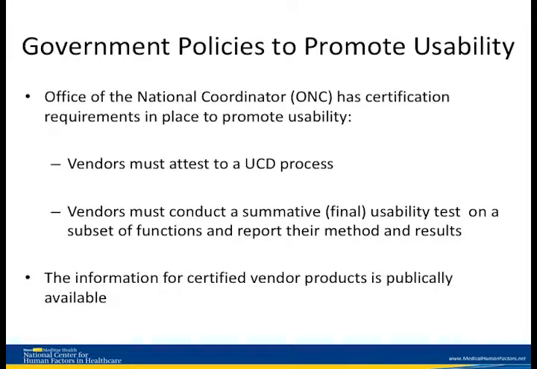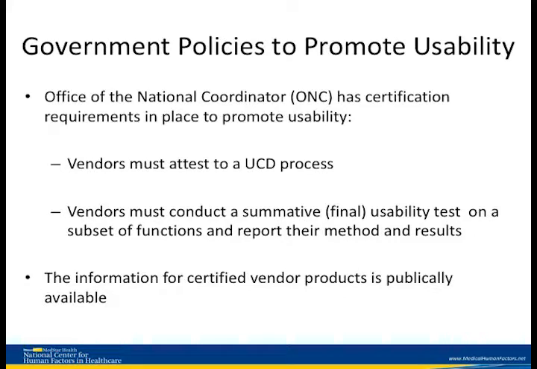Around usability, there are two key components that vendors must achieve. The first is they have to attest to using a user-centered design process. So that early slide that I had with that circle of the process, they have to raise their hand, provide a written statement and say, yes, we used a user-centered design process, and they're supposed to report the process that they used. And the second thing that they have to do is run what's called a summative usability test.